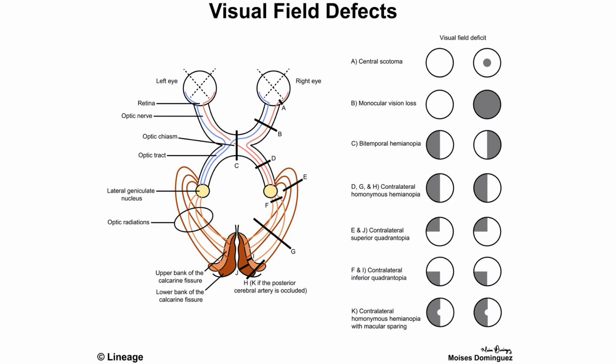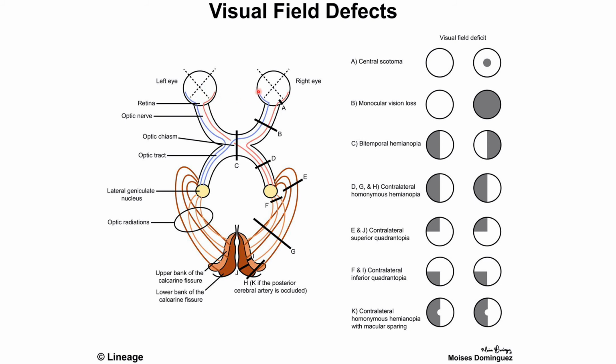However, if a person has a lesion at C in the optic chiasm, remember, this is where information coming from both nasal retinas cross over to the opposite hemisphere of the brain. So they would lose all the information coming from both nasal retinas, seen here.